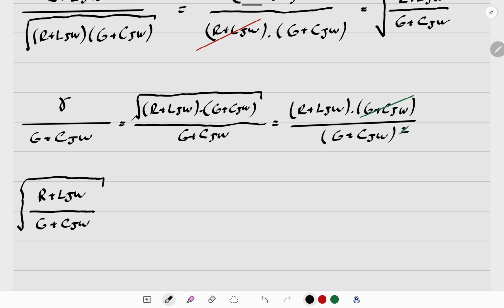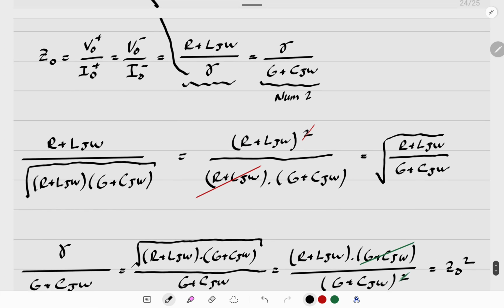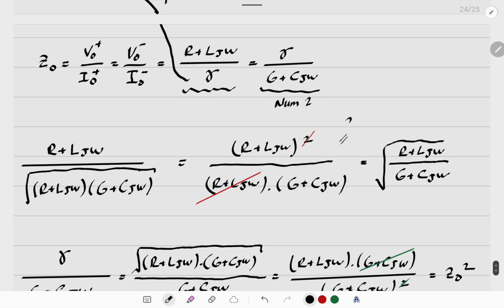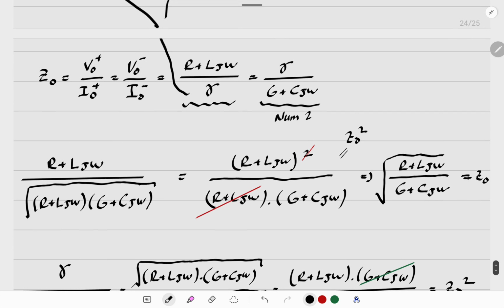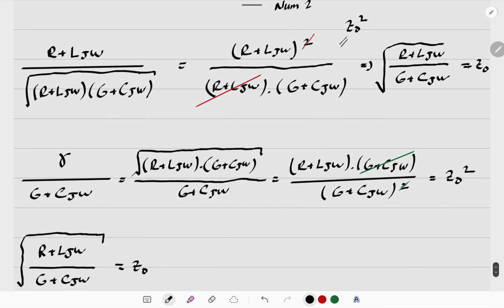This time, yeah, we have this z0 squared. But here we have z0. This one is z0 squared, but this one is z0. Okay, we have to be careful about this specific parameter.